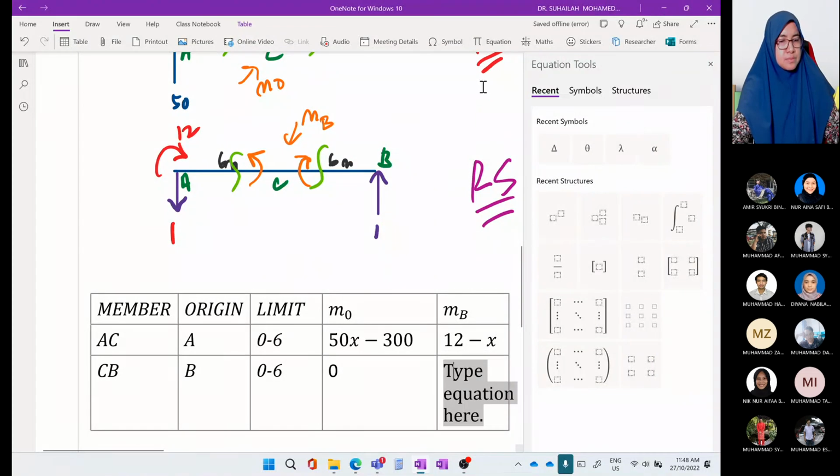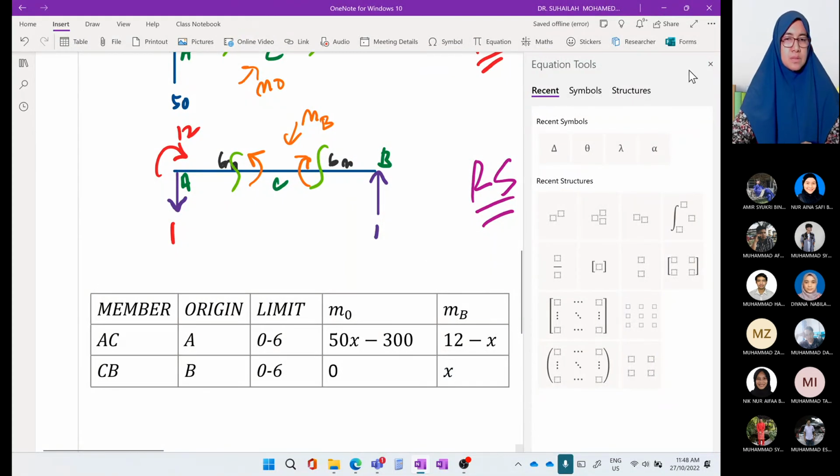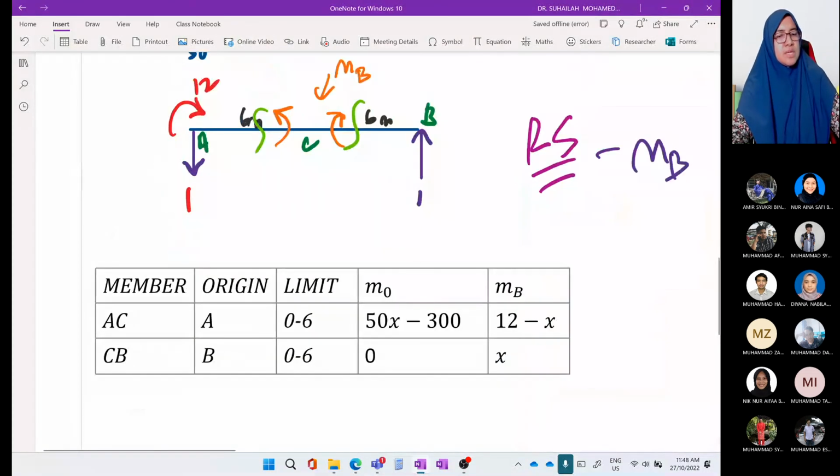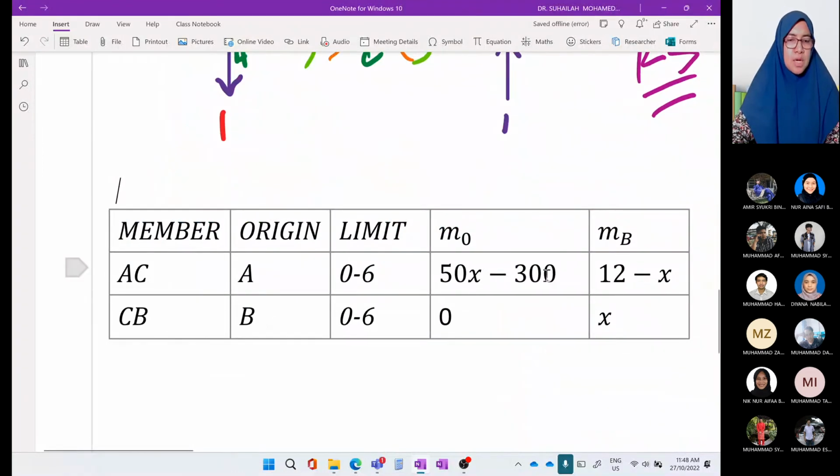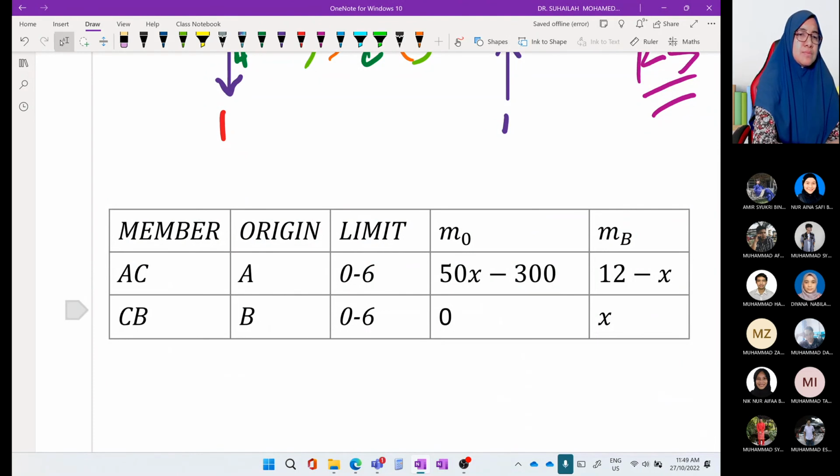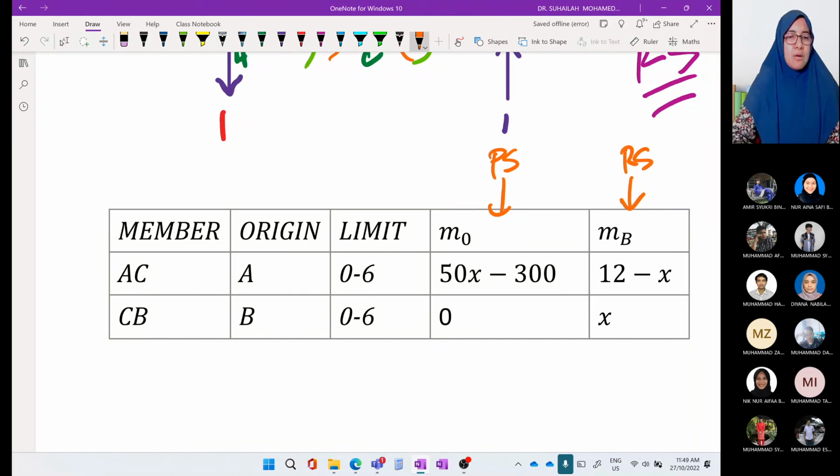Please check. So this is the moment equation we get from the primary system and the redundant system.